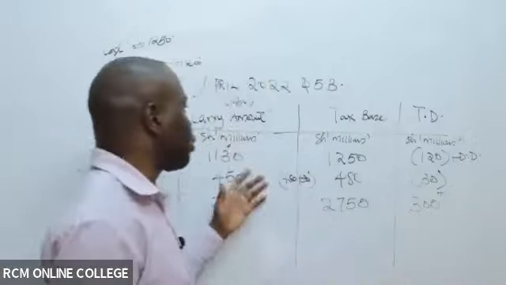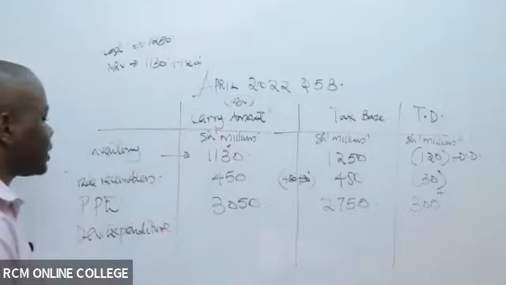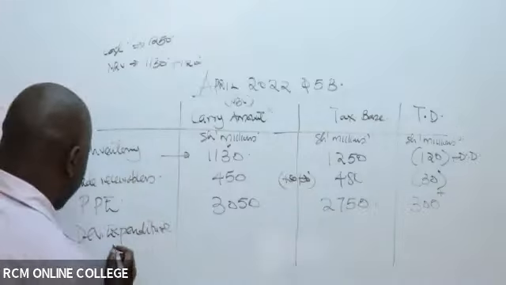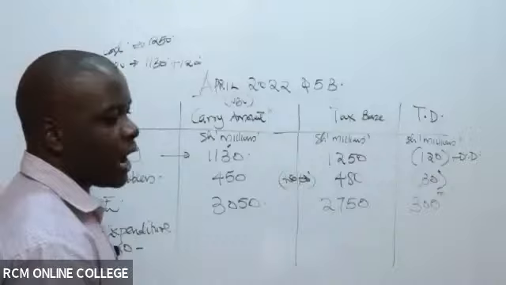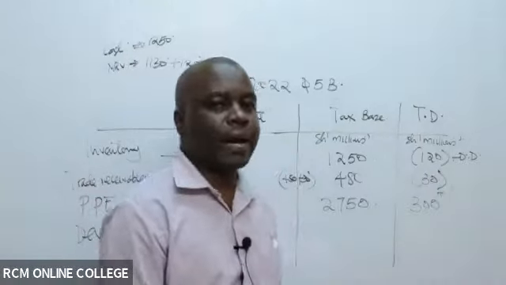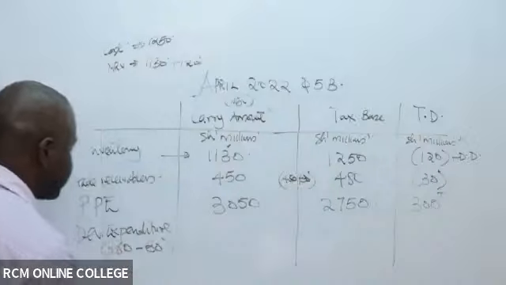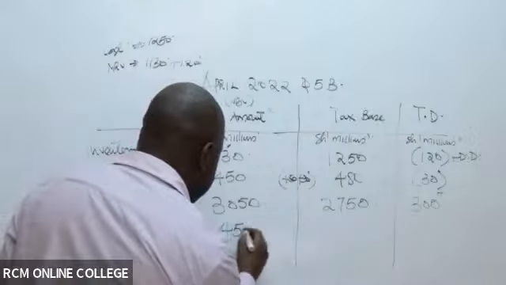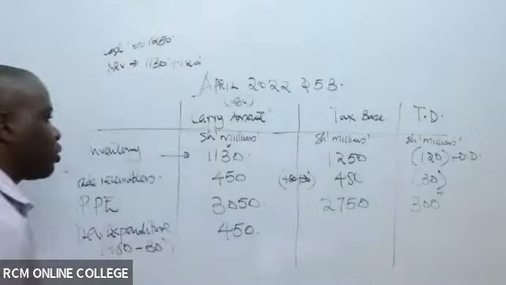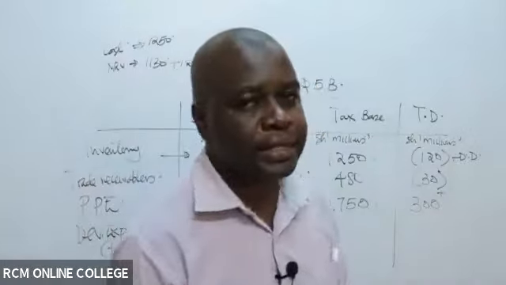So our development expenditure will be the 480 million less the amortization, which is like loss of value. When it loses value, the carrying amount will end up being 450 million.